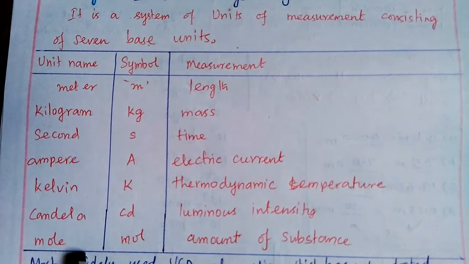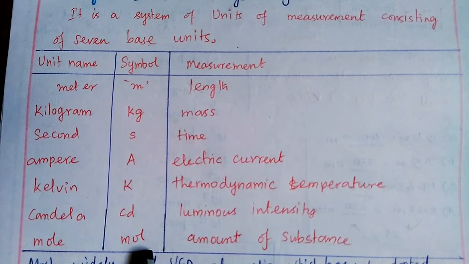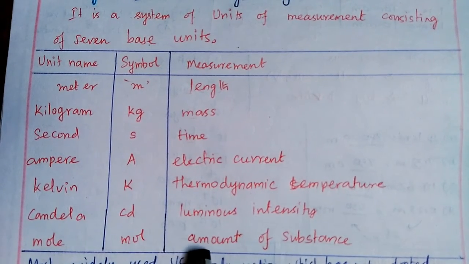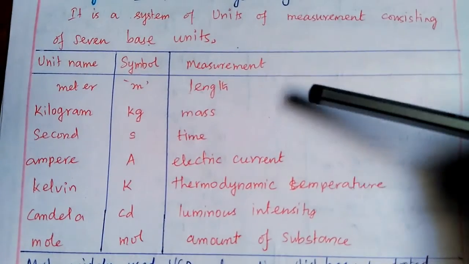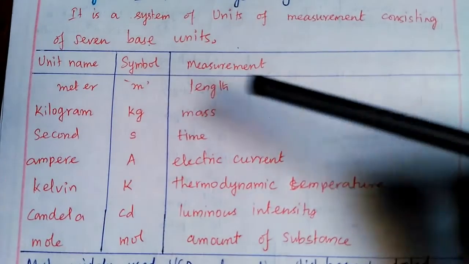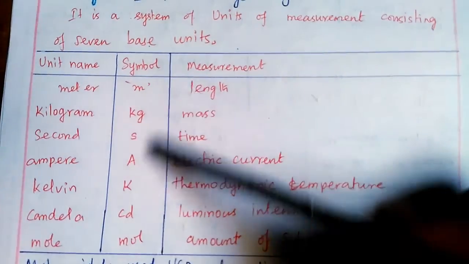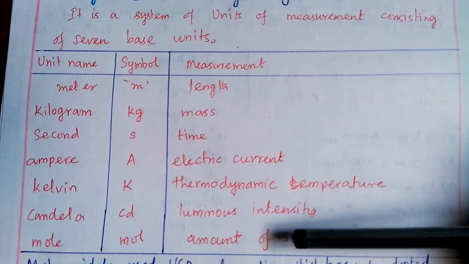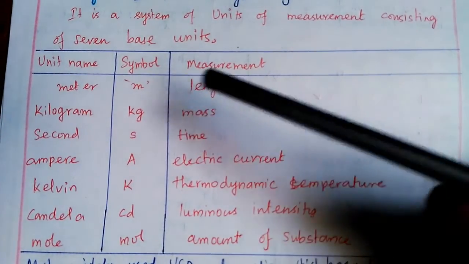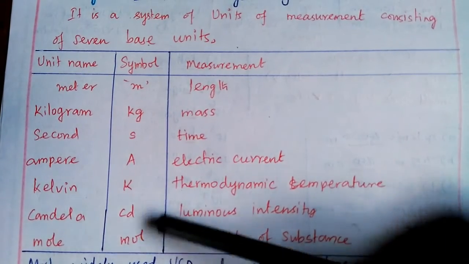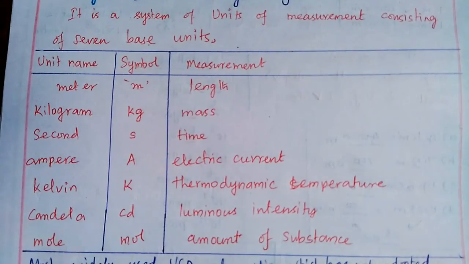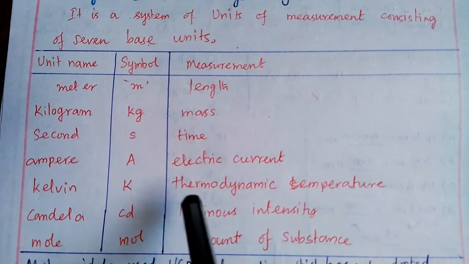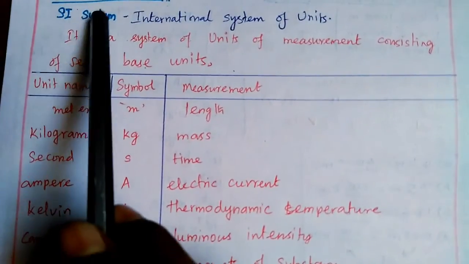And mole is the unit name with the symbol mol for measuring the amount of substance. So these are the 7 unit names with the symbols and measurements. Of course, we have several other units with different symbols, but these are the base units in the SI system.